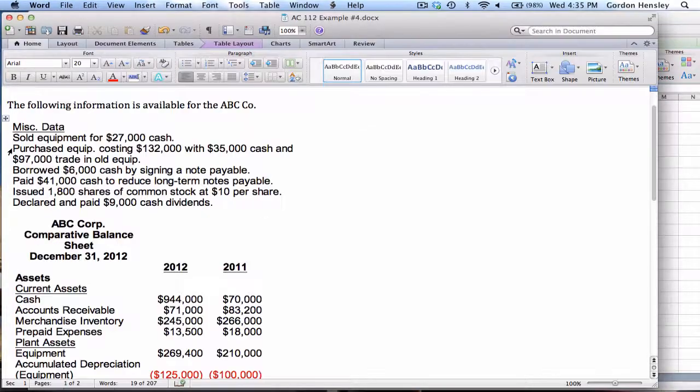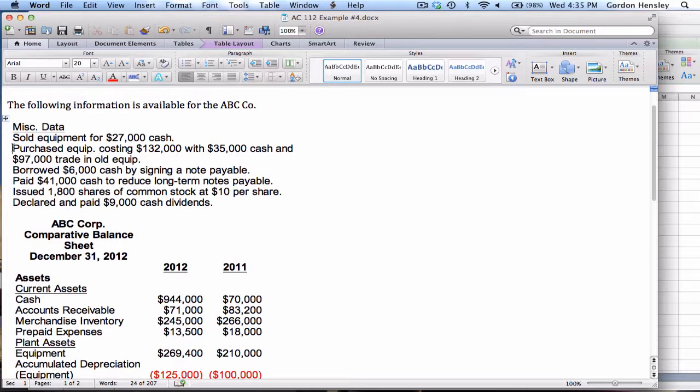What's the next item of miscellaneous data? The next item says that we purchased equipment costing $132,000. How did we pay for it? With $35,000 cash and $97,000 trade-in of old equipment. So really, we're doing a statement of cash flows.